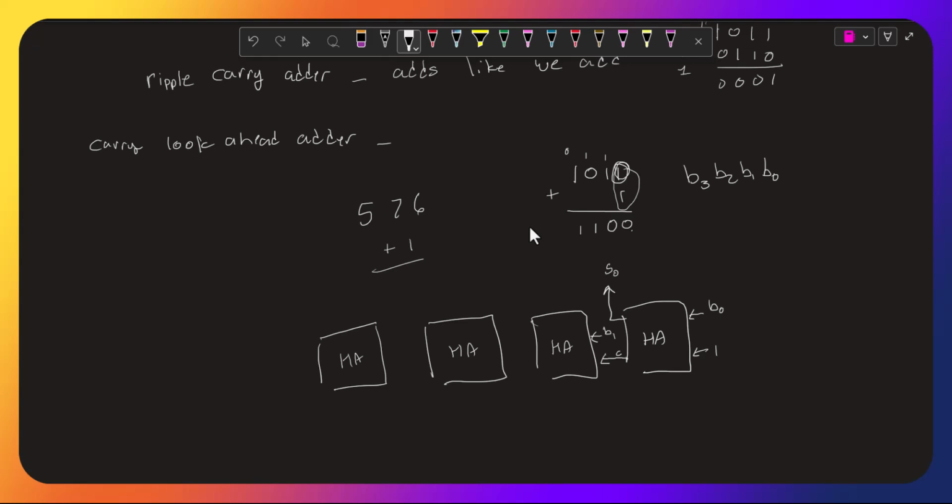And then I'm outputting the sum, which is right here, and I'm taking the carry and putting it in with the second bit of this one.